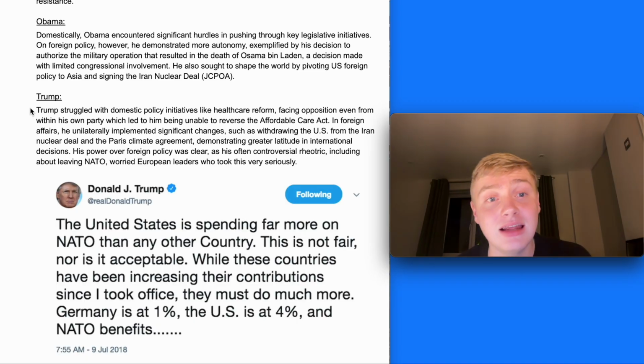And so this can be seen in authorizing the death of Osama bin Laden, which was with limited congressional involvement, and also seeking to shape the world by pivoting US foreign policy to Asia, and also signing the Iran nuclear deal.